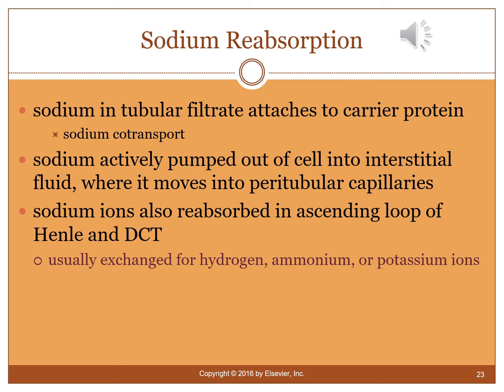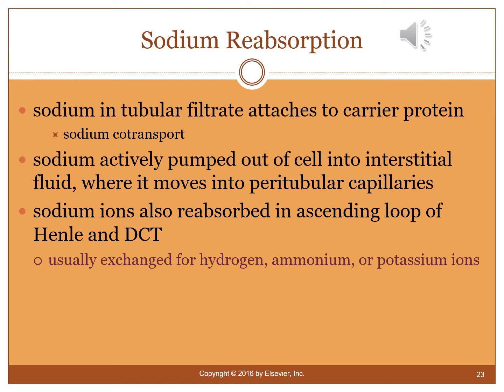For reabsorption, there are useful substances that leave the tubules of the nephron and enter the bloodstream through the peritubular capillaries. These are sodium, potassium, calcium, magnesium, glucose, amino acids, chloride, bicarbonate, and water.